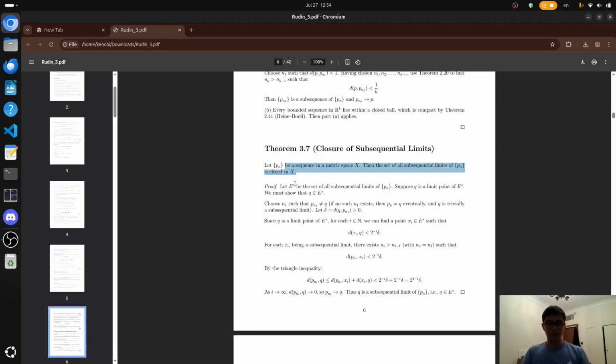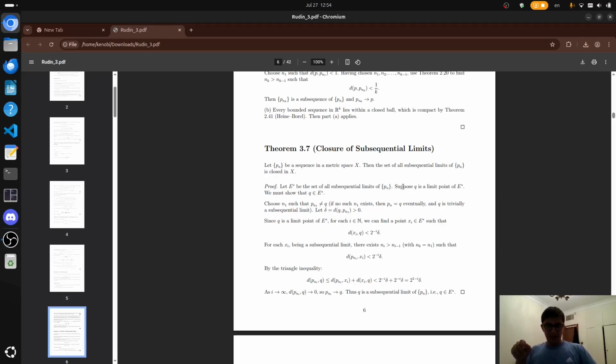Now for the proof, let E star be the set of all subsequential limits of Pn. Basically what we want to prove is that if Q is a limit point of E, we must show that Q is in E. And the strategy here is that Q is a limit point of E, so it contains infinitely many neighborhoods that contain a point Pn, right?